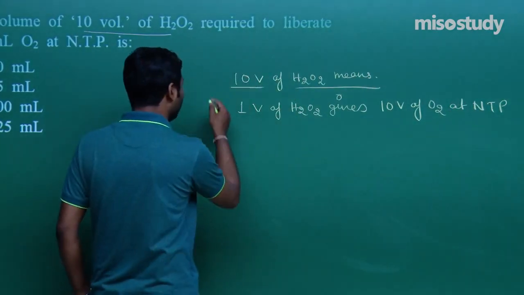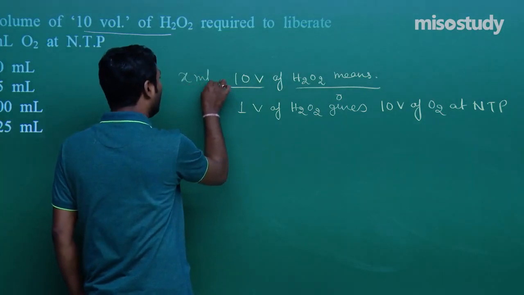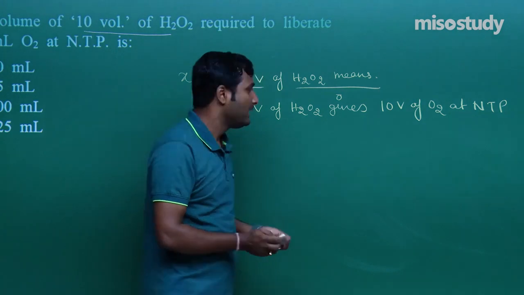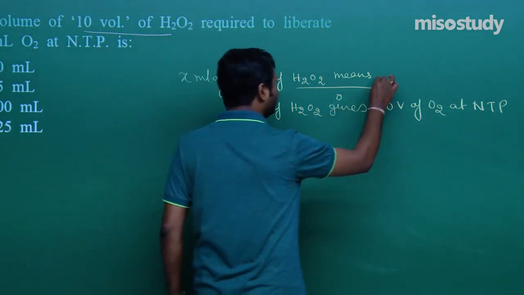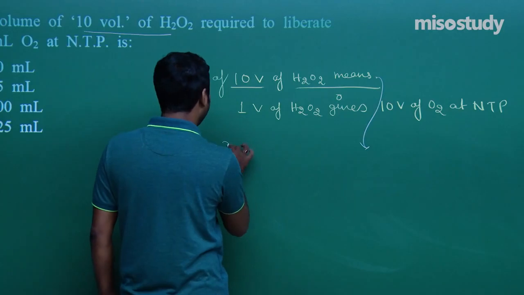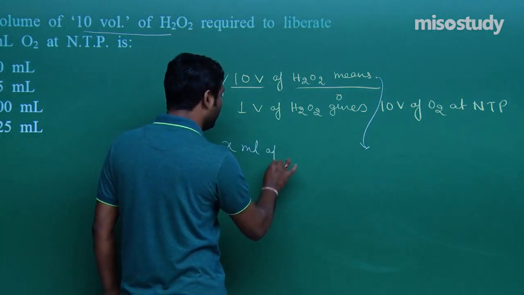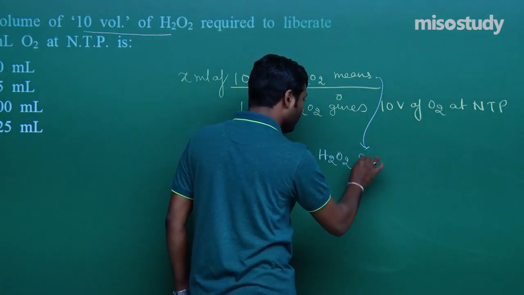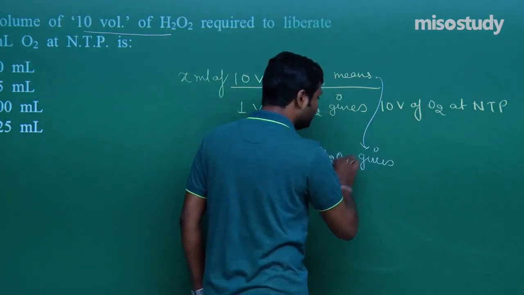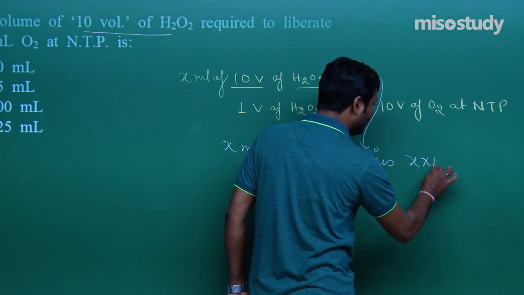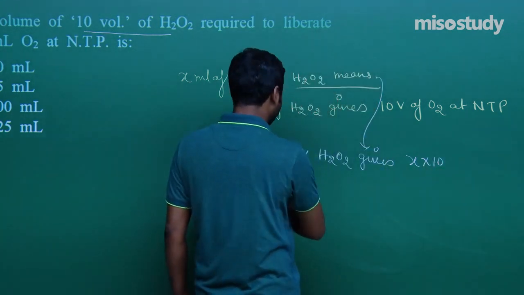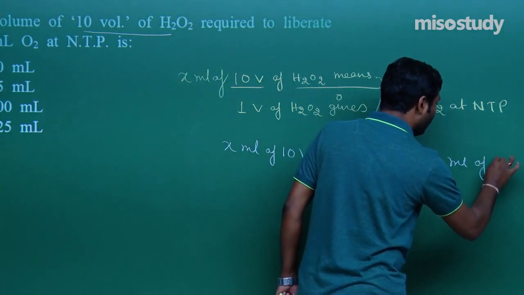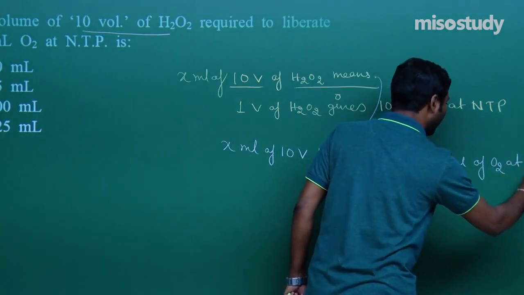Now if I write here X ml of 10 volume H2O2, what does it mean? It means that X ml of 10 volume H2O2 gives X into 10 ml of O2 at NTP.